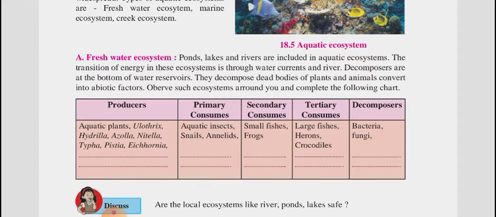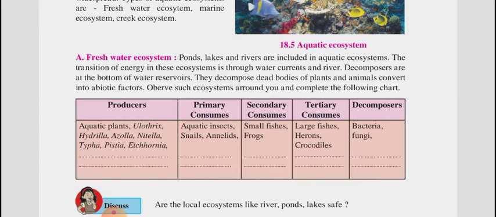The transition of energy in this ecosystem is through water currents and rivers. Decomposers are at the bottom of water reservoirs. They decompose dead bodies of plants and animals and convert them into abiotic factors. Who is converting biotic to abiotic components?